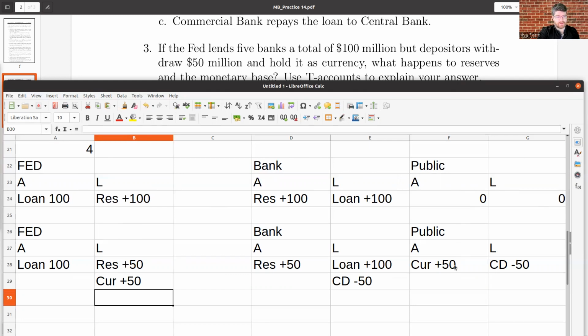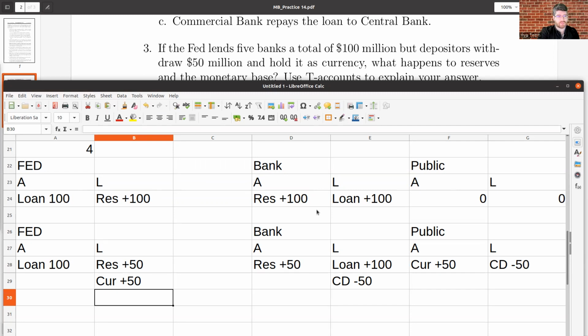Then the public takes 50 million from the checkable deposits. They increase their currency holdings. From the point of view of the public, checkable deposits minus 50, currency plus 50. If checkable deposits go down by 50, then they should be equalized with the withdrawal of reserves.